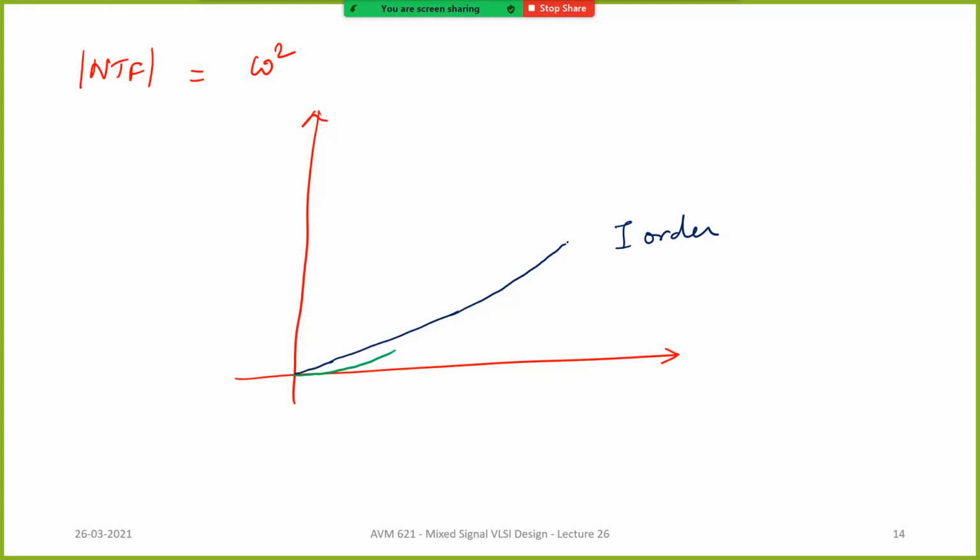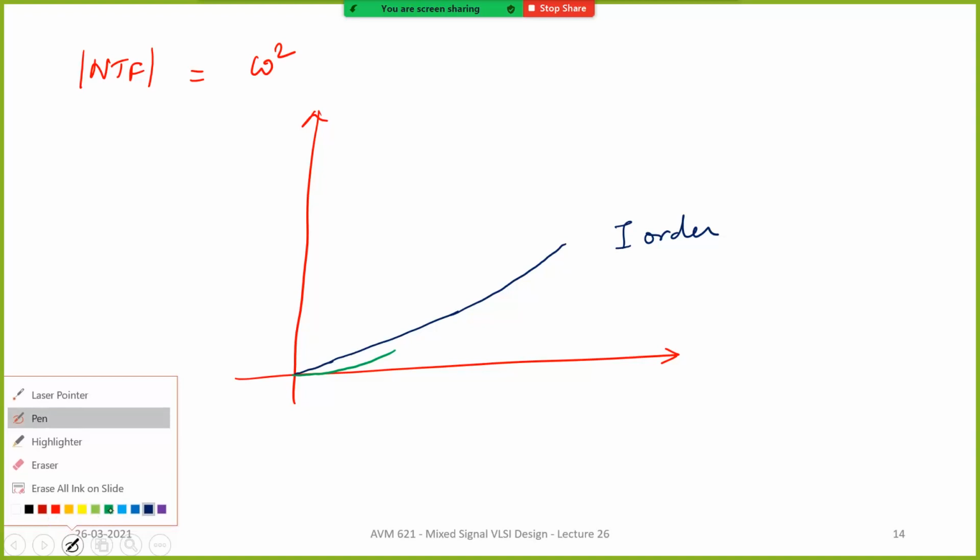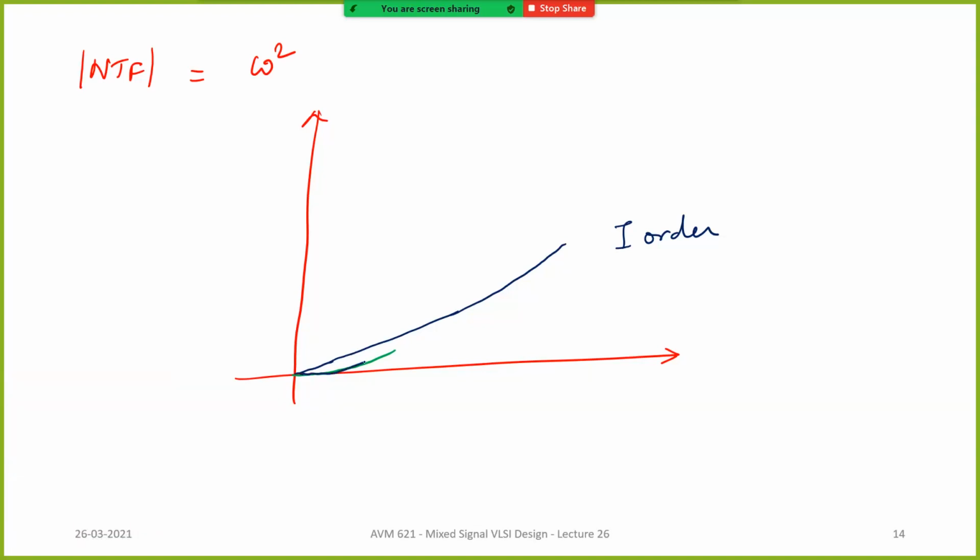But if you look at the second order noise transfer function, how will it look? It will have a quadratic behavior, parabolic, and then of course it will kind of saturate like this here, because at higher frequencies that approximation doesn't work anymore.